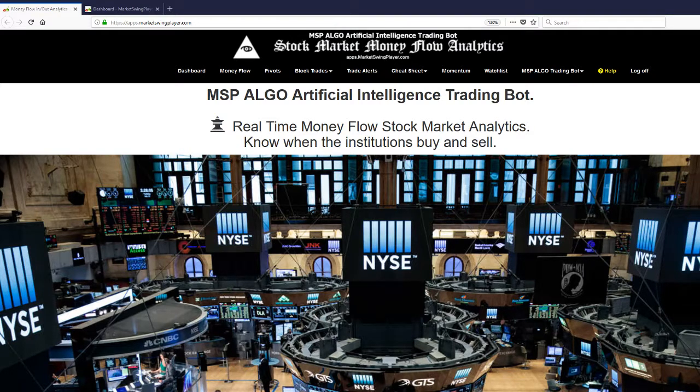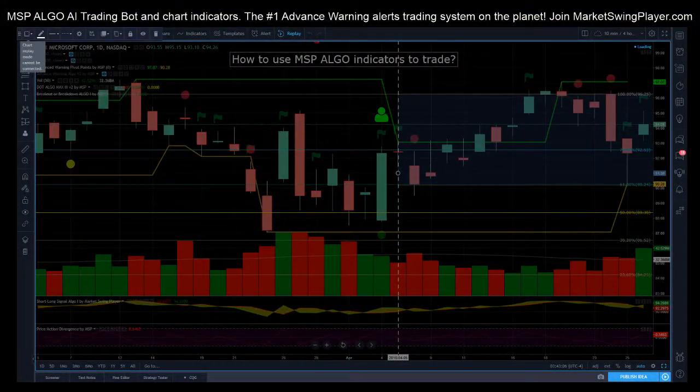We already went over the charts and found out how to create support and resistance levels, as well as what are pivot points and how to use the MSP ALGO indicators. Based on knowing the basic fundamentals, now you can understand the application.